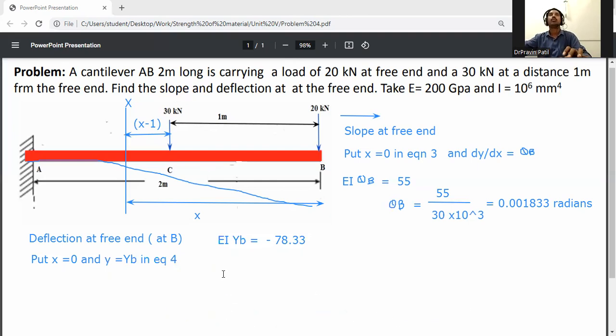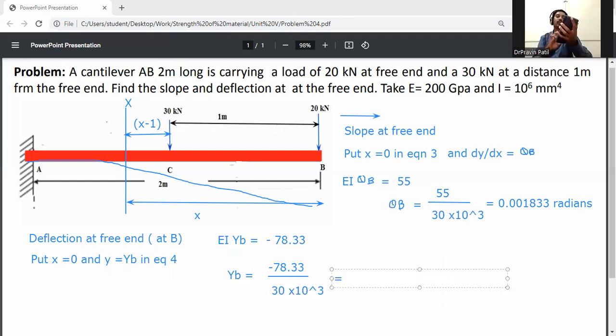So yb is equal to minus 78.33 divided by EI, which is 30 into 10 to the power 3.